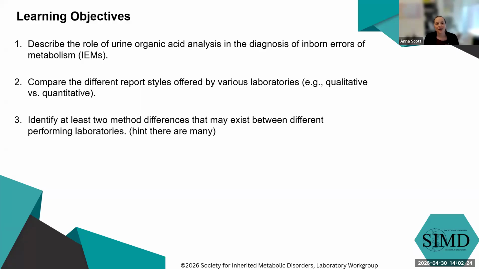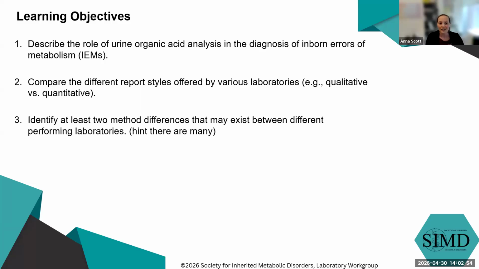Our learning objectives today are intentionally broad because every case is a little bit different. I'm hoping that by the end of the lecture, you can describe the role of urine organic analysis in the diagnostic process for inborn errors of metabolism. What you deal with first on the medical side is the report, so be able to compare and recognize the different reporting styles offered by the various laboratories.